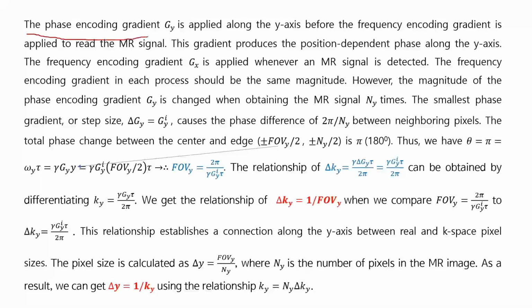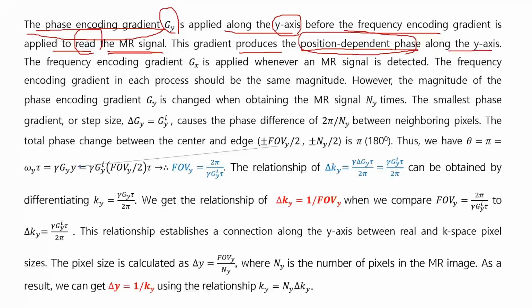The phase encoding gradient Gy is applied along the y-axis before the frequency encoding gradient is applied to read the MR signal. This gradient produces a position-dependent phase along the y-axis.